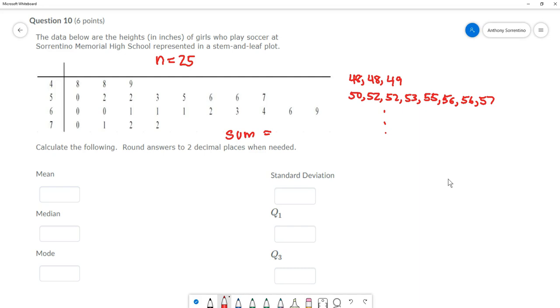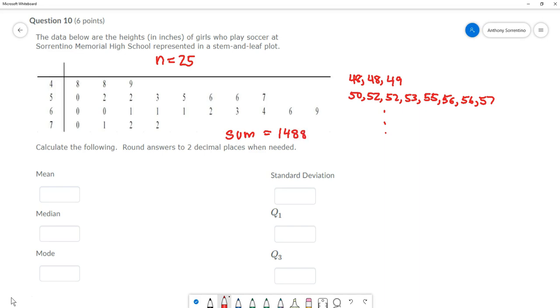So let's walk through some of these and let me come up with the answers. Let's get that sum together. If I take all the scores, 48, 48, 49, 50, 52, so forth and so on, and add them all together, I get a grand total of 1,488.